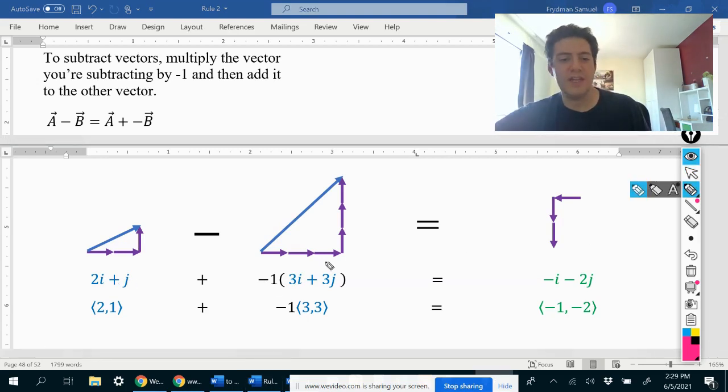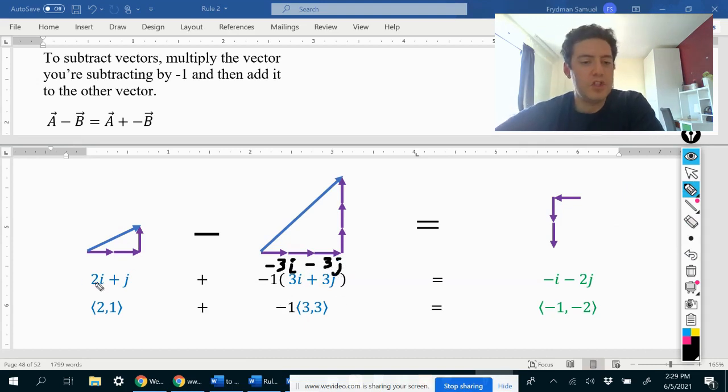All right, so -1 times all this would be -3i minus 3j. Okay, and then if we do 2 plus -3, I'm going to write that over here. 2 plus -3 is equal to -1. Okay, you can see over here I wrote -i, which is the same thing as -1i.